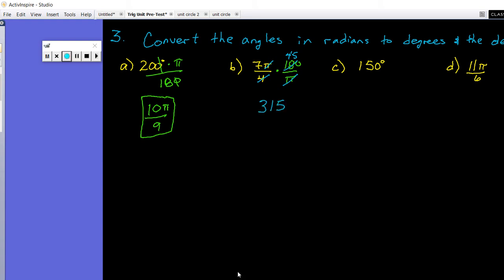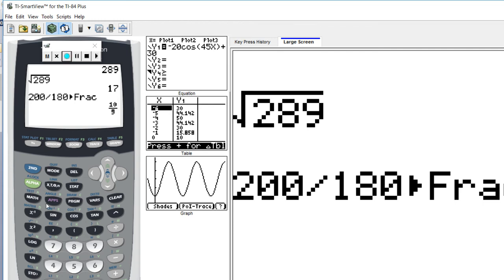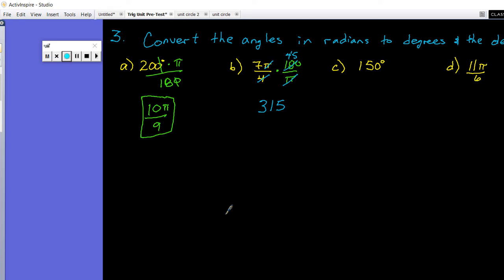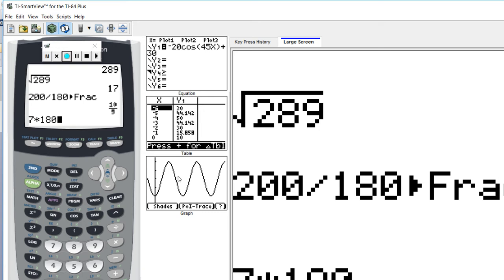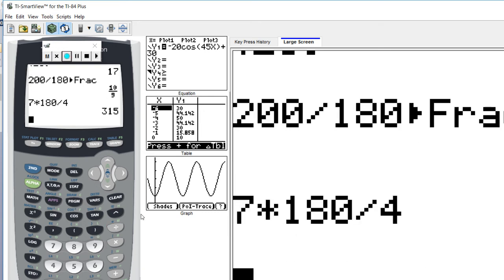We could also use our calculator and just go 7 times 180, because that was the top part. So see, the top part was 7 and 180, the pi's went away, and then we'll divide that by 4. And that gives me 315 degrees.